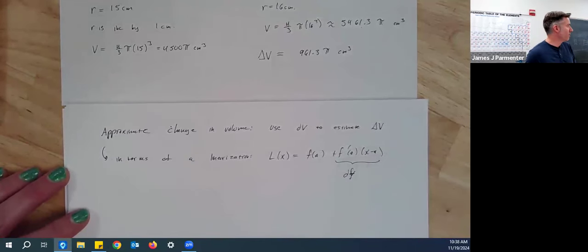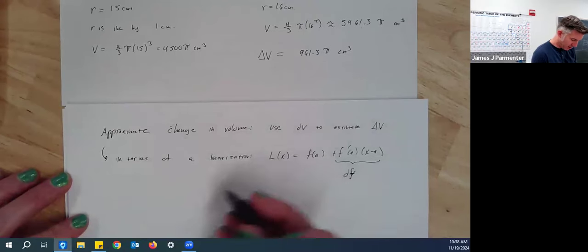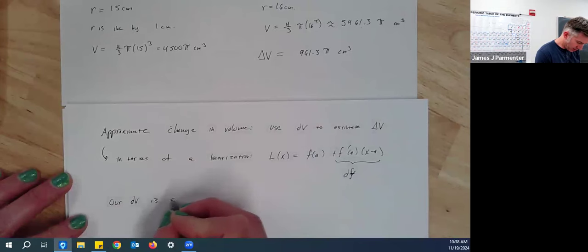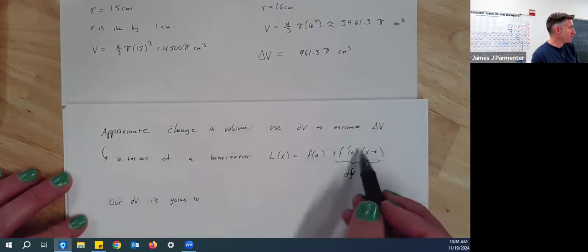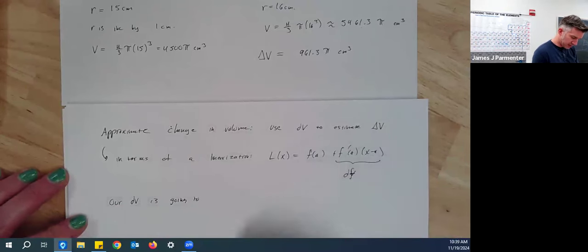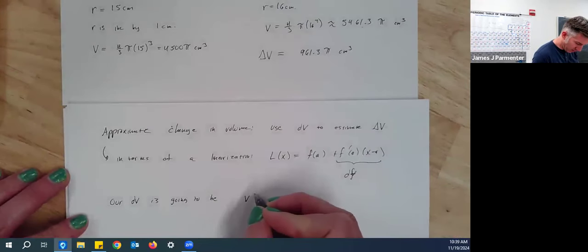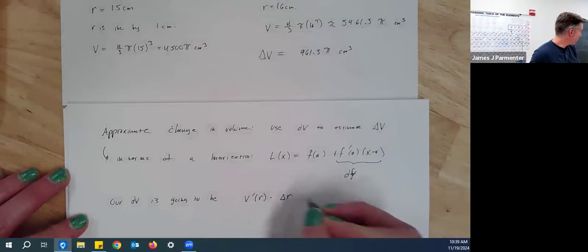That's your approximate rise, approximating how much the function has actually changed. So when we calculate dV, it's just your derivative times how much you've increased the input variable. In this case, it's your V prime times your delta R.